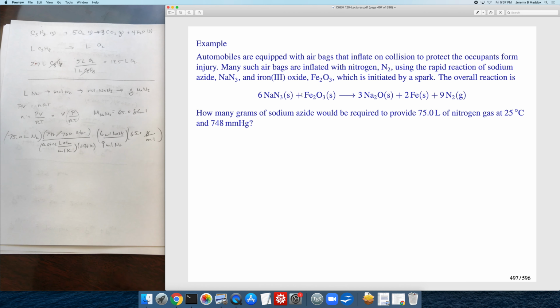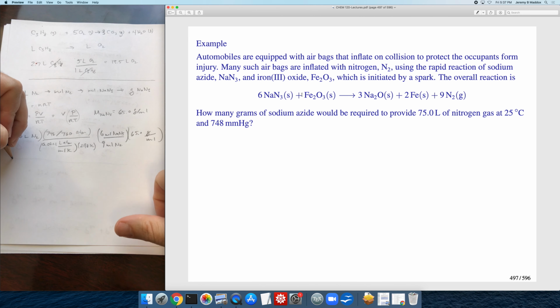So I'm going to run these numbers through our calculator, 75, 748. 131 grams is what I'm getting.